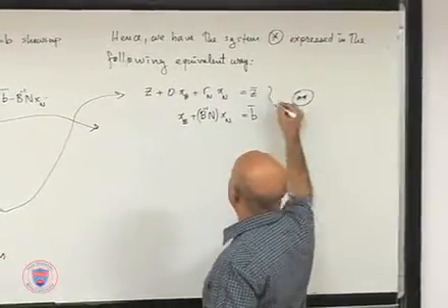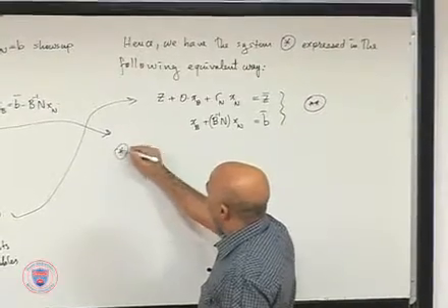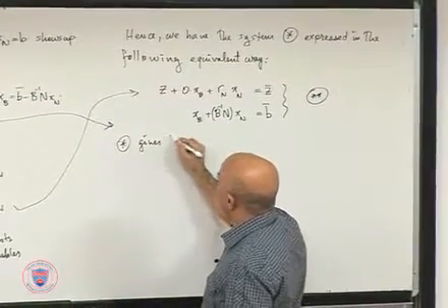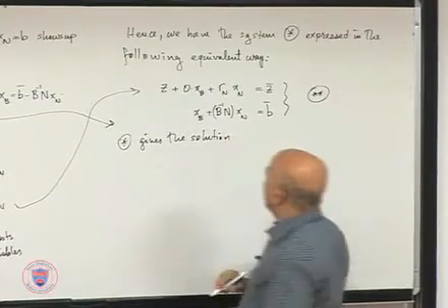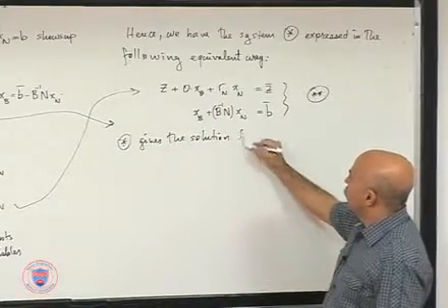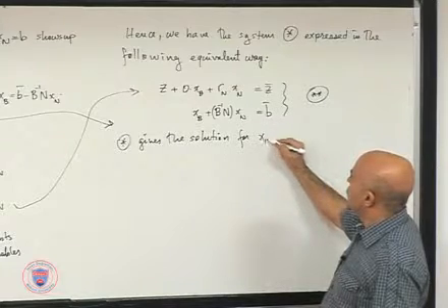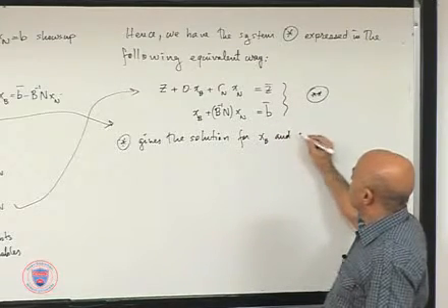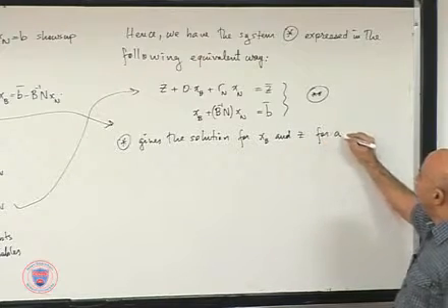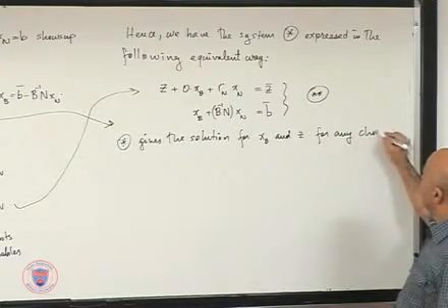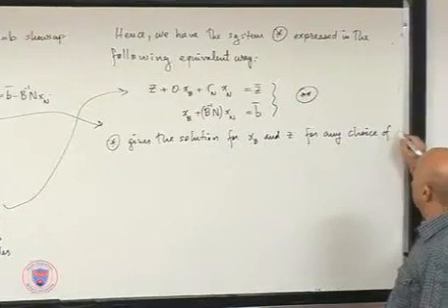Double star gives the solution for xb and z for any choice of xn.